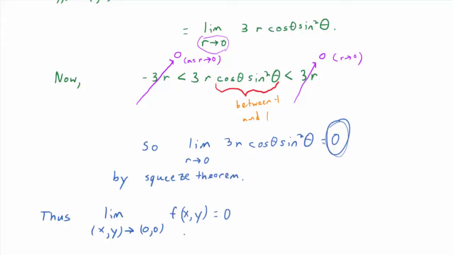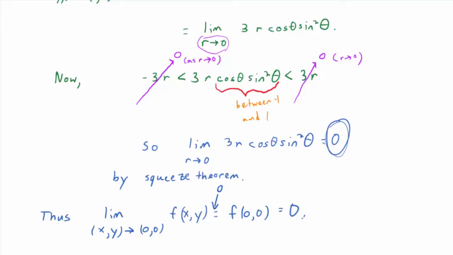But we know by the piecewise defined function, oh, I should actually put in that extra thing. We know that this limit is 0 by that proof that we just did. And we know that f(0, 0) is 0 by the way that the piecewise defined function is defined.